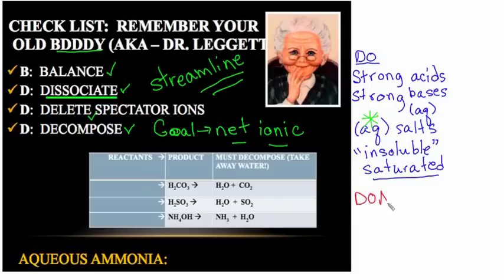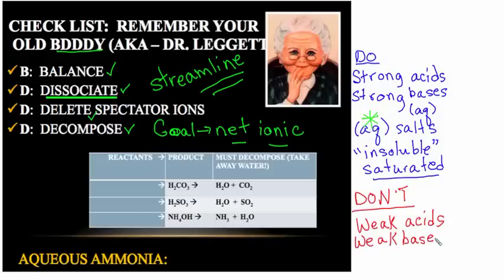Now, what don't you dissociate? Well, we don't want to dissociate our weak acids. So how do you know if it's weak? Well, effectively is a better word when talking about acids and bases. Effectively, if it's not one of your strong, you assume it's a weak acid. We aren't going to dissociate our weak bases.